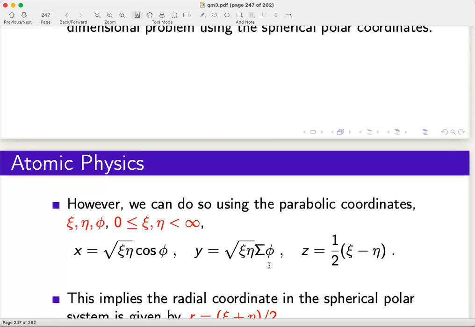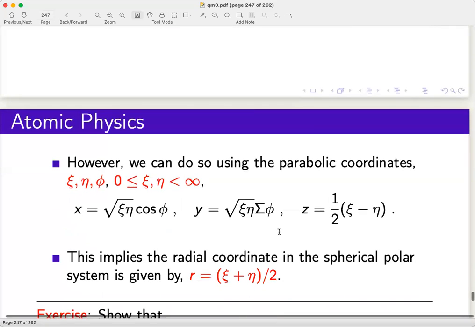I meant sine phi, not sigma, so I'll correct it. Our Cartesian coordinates are x equals square root of xi eta times cos phi, y is square root of xi eta times sine phi, and z is equal to half of xi minus eta.